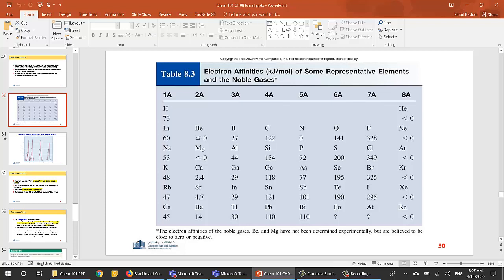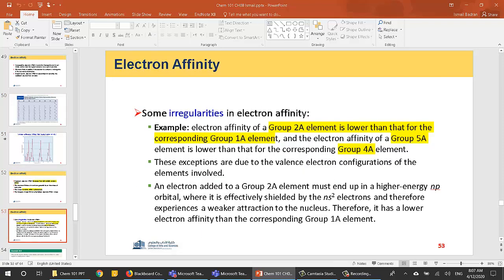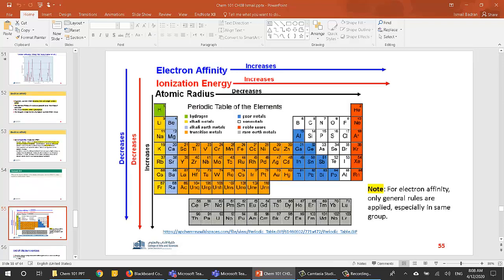If you compare group 4 and 5, the electron affinity for carbon, for example, is 122. You expect nitrogen to have a higher electron affinity, but it's 0 for the same reason: when you add an electron to nitrogen, you break the stability of its electron configuration.